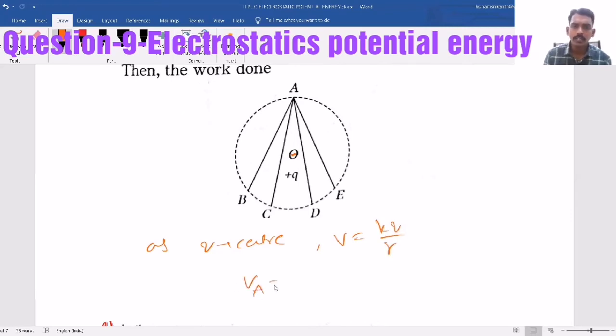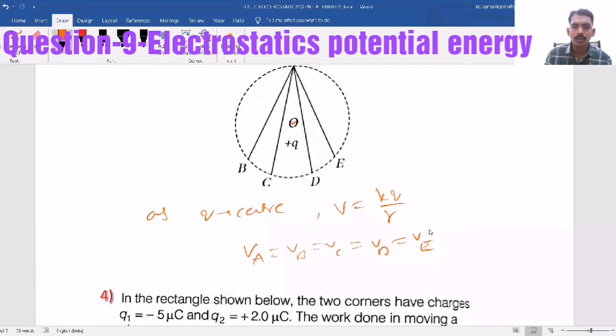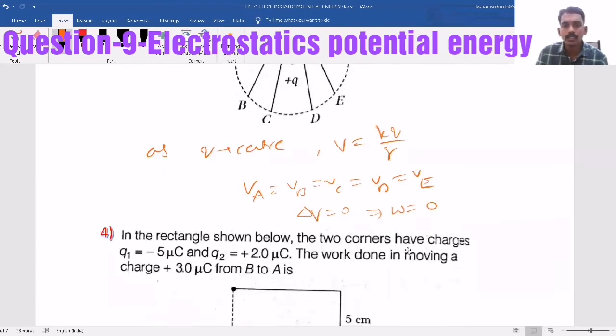So the potential at A equal to B equal to C equal to D equal to E. Then the potential difference between any 2 points when you consider, delta V is 0, so the work done is also 0. So when you are moving the charge from one point to another point which have the same potential, then the work done is 0.